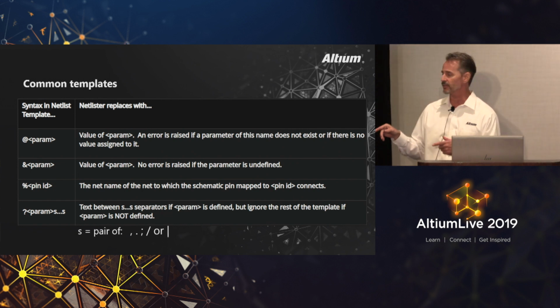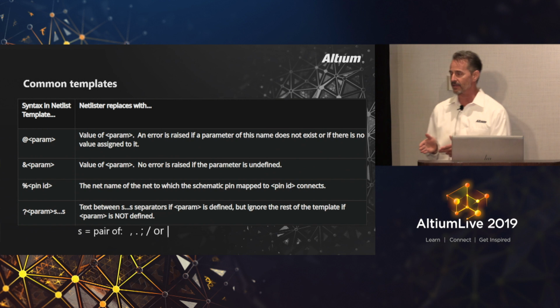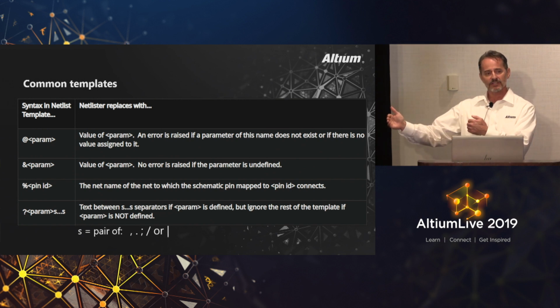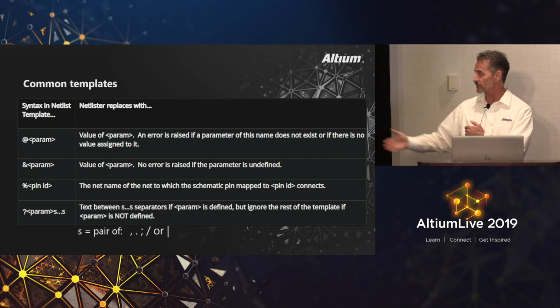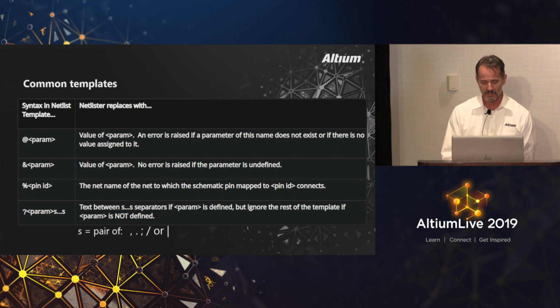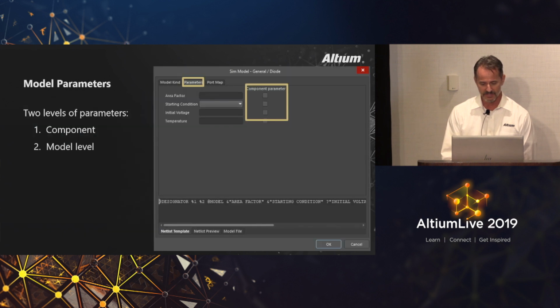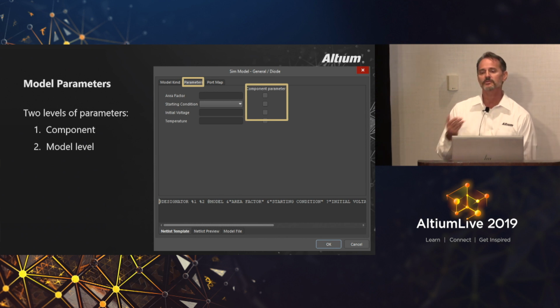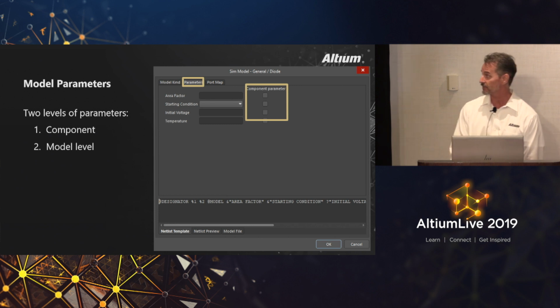The pairs can be commas, forward slash, or vertical bracket. So you could say if this parameter is defined, include in the netlist whatever's within those two pairs. Otherwise, it'll drop it out. You'll see that a lot when you're looking at the simulation sources, especially since it's a multi-domain source, which has different parameters depending on what type of analysis you're running.